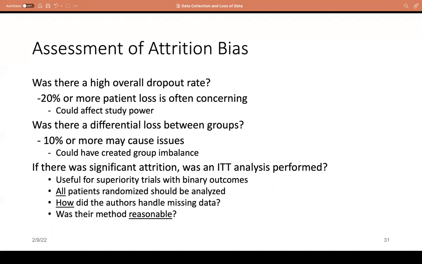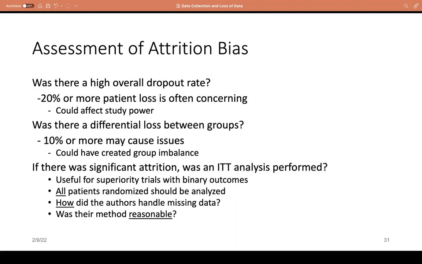Then you want to see if there's any differential loss to follow-up between groups. Again, 10% or more may cause problems, and you want to make note of that as well. And I think you also want to make sure that intention to treat analysis was performed.